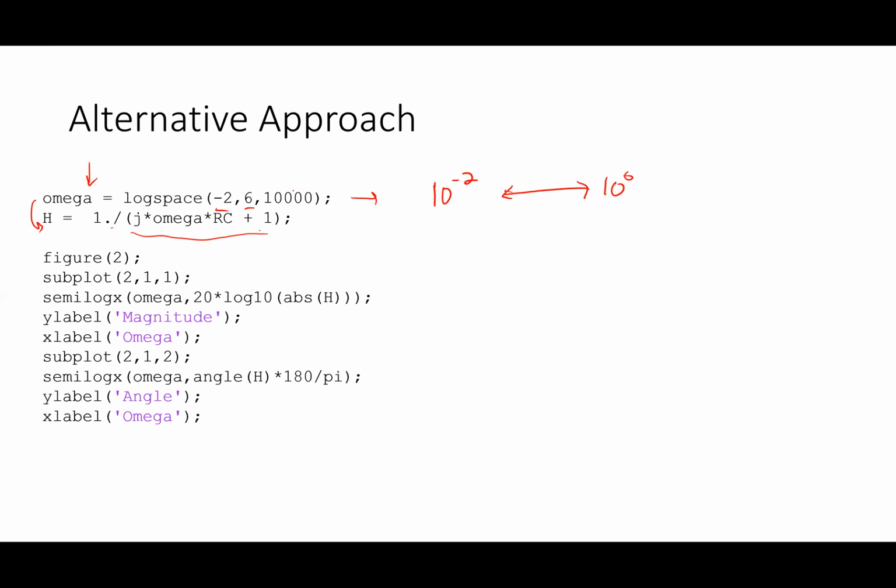Now to plot that, I used the semilogx command. Semilog means I want to make a graph where one axis is logarithmic. So semilogx means make the x-axis logarithmic, but make the y-axis linear.